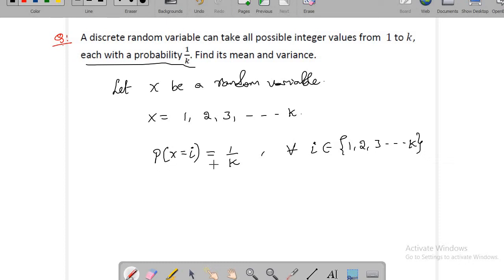Okay, so you know what is a probability mass function, and you know what are the values this random variable takes, and can you find its mean? So mean, we denote with mu, that's equal to expected value of x, and you know that is summation i equal to 1 to k, i into p of i, or probability that x is equal to i, however you write.